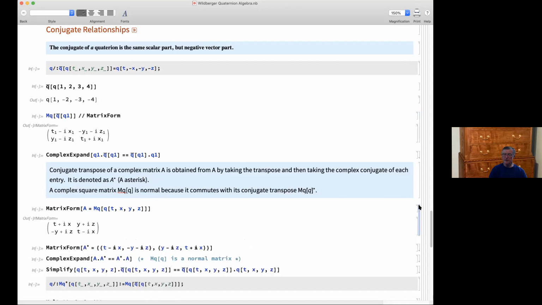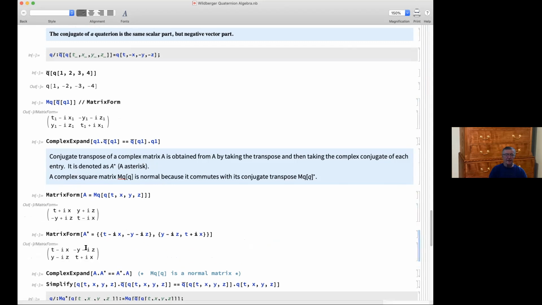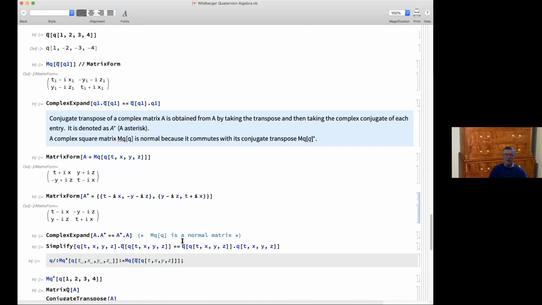So the first thing I do is I take a quaternion, find its matrix equivalent, assign that to A, and then I can define the conjugate transpose of the matrix A as this matrix here, as we've already shown, by taking the transpose and then the conjugate of the individual elements.